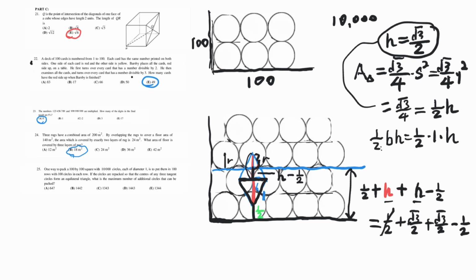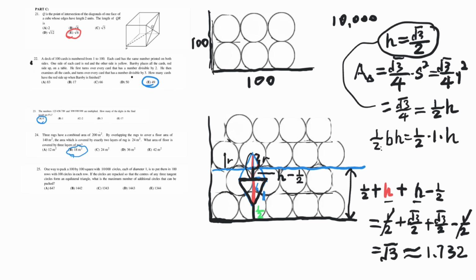The 1/2 minus 1/2 cancels, so √3/2 plus √3/2 is √3, which is roughly 1.732. So that's the height of two rows after we repack.